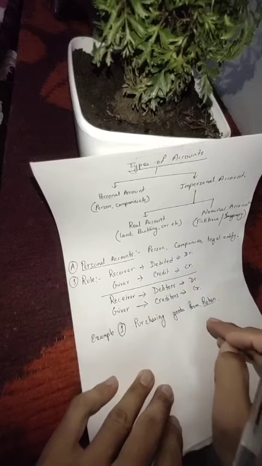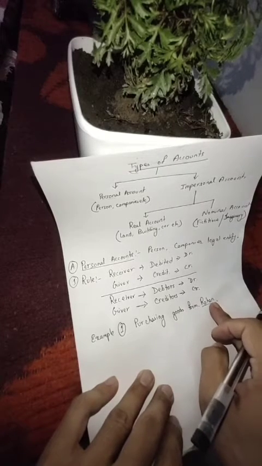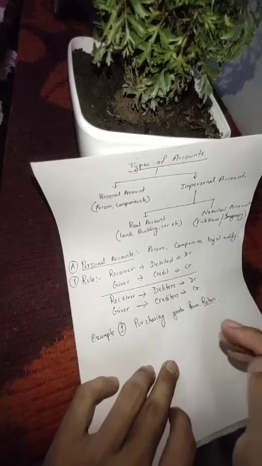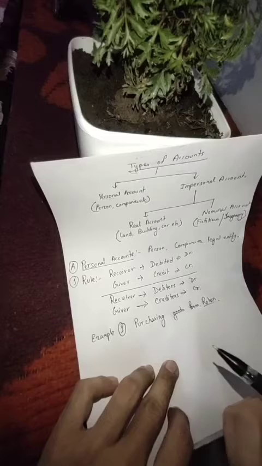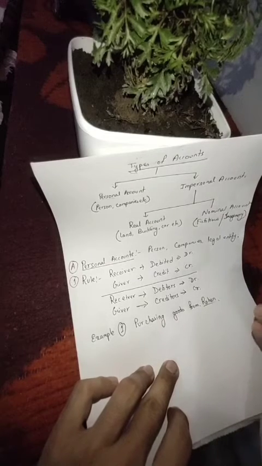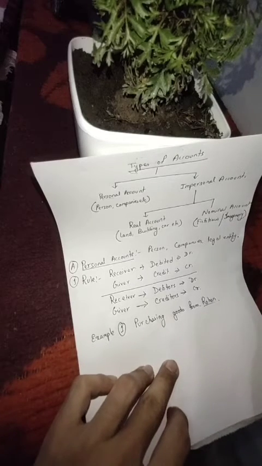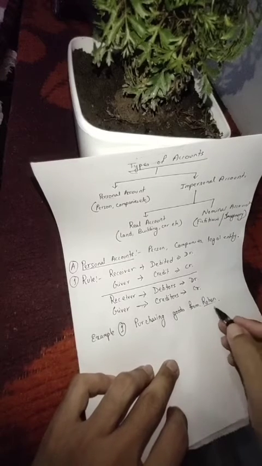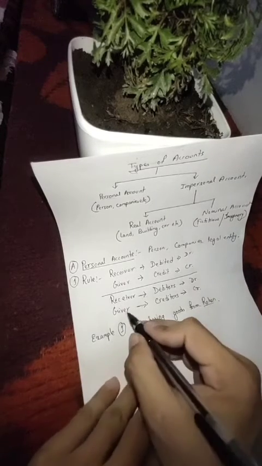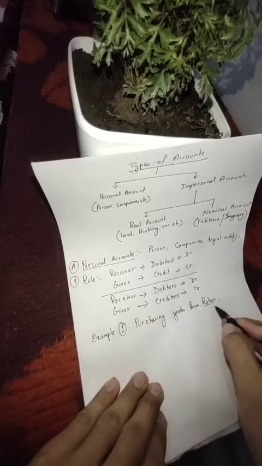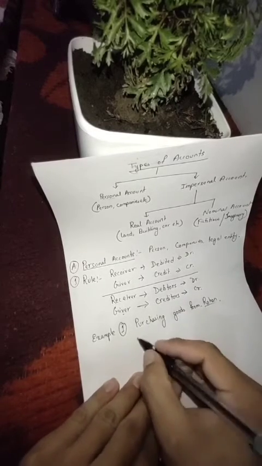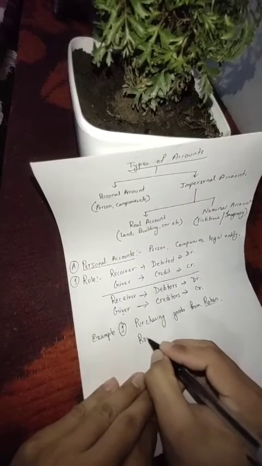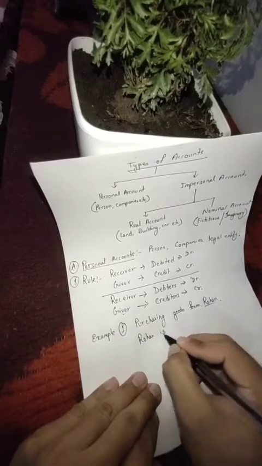So now we have to figure out whether Rohan is a giver or receiver. Let's understand it this way: we are purchasing goods from Rohan. That means Rohan is giving goods to us. So in that sense, Rohan has become the giver.